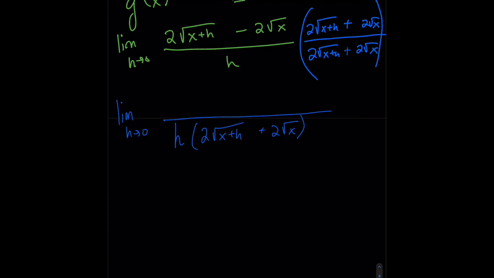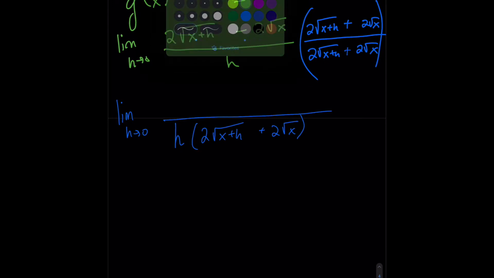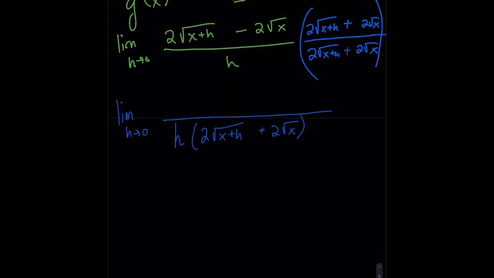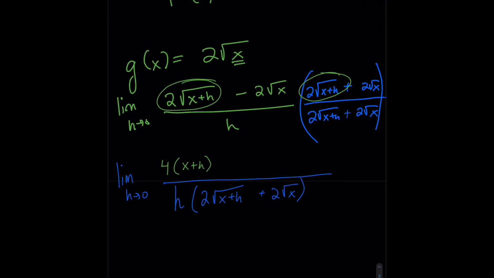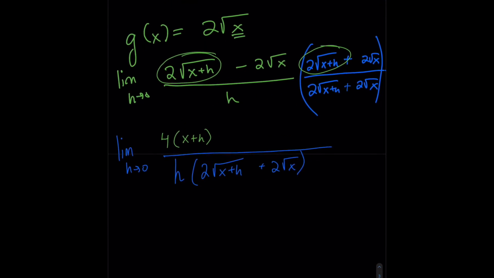Right now, let's take advantage of the fact that we're multiplying by the conjugate, and we'll multiply the first two terms. 2 times 2 is 4. And then we have root x plus h multiplied by root x plus h. That's just x plus h. Now remember, let's motivate that a little bit.